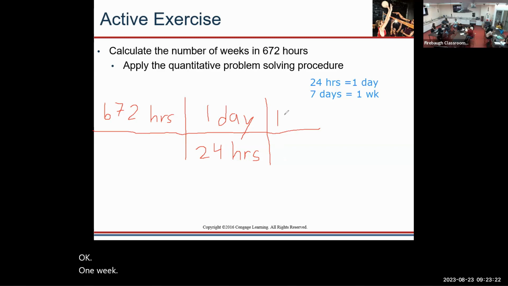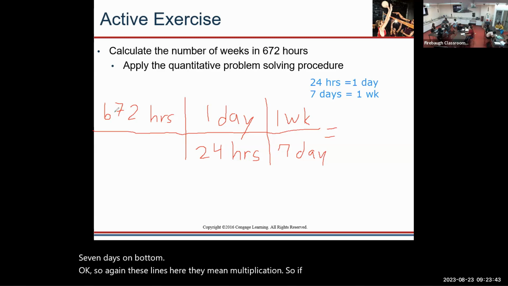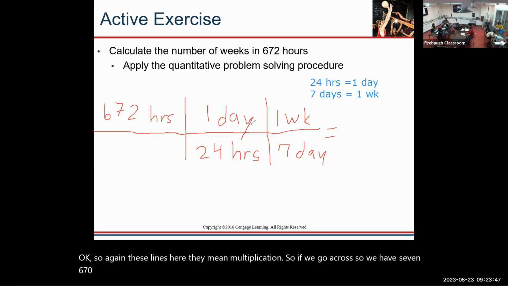Okay, 1 week on the top. Seven days on the bottom. Okay, so again, these lines here, they mean multiplication. So if we go across, we have 672 times 1 times 1.